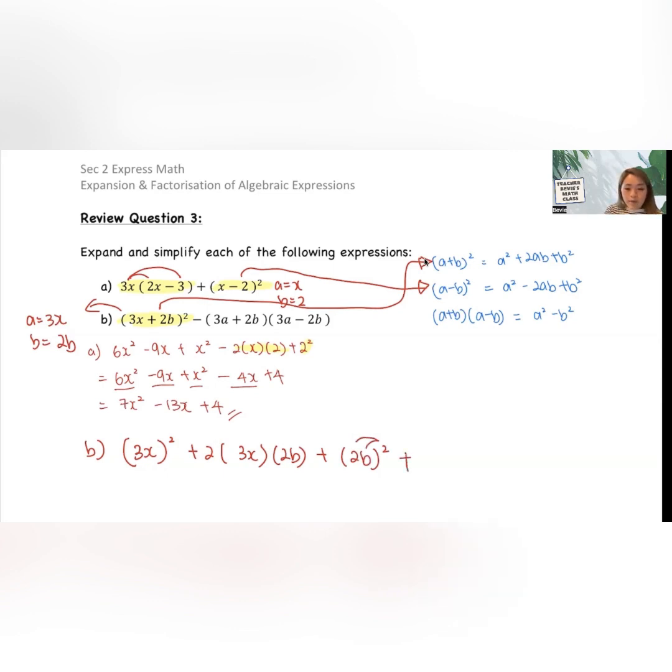And for the second portion over here, can you help me identify which special identity this is? This is actually the last special identity that we have not used. If you can see (a plus b)(a minus b), in this case a equals 3a, b equals 2b. And that gives me (3a) squared, keeping it in a big bracket, minus (2b) squared.